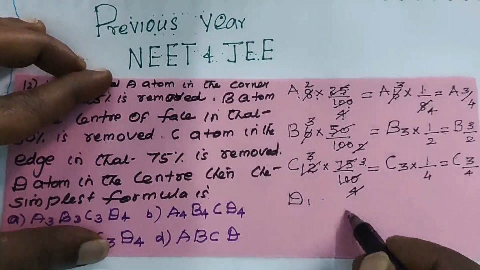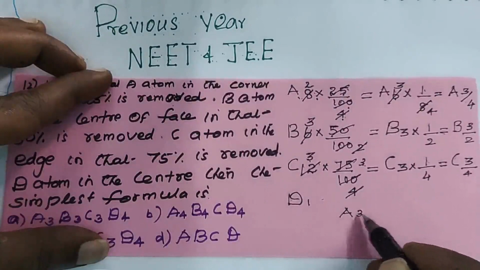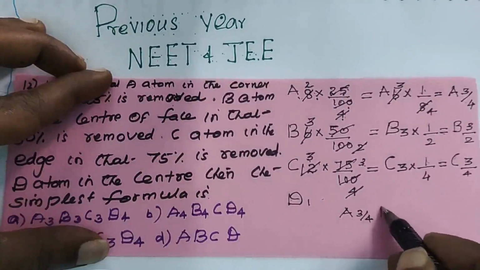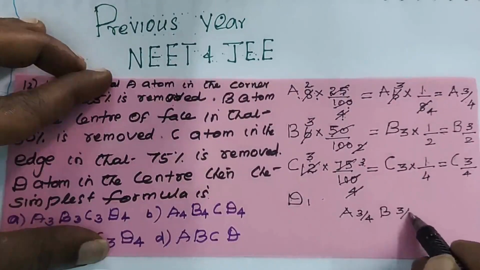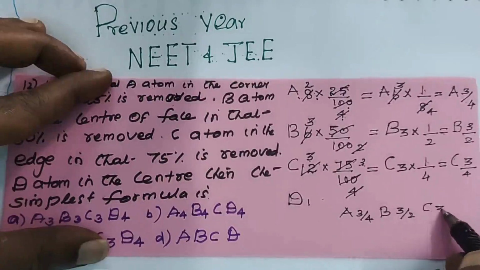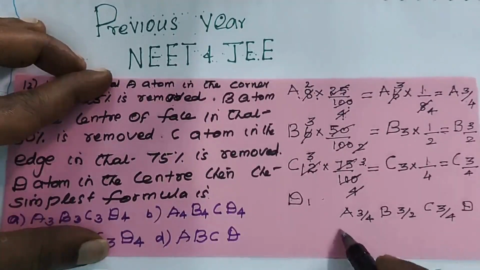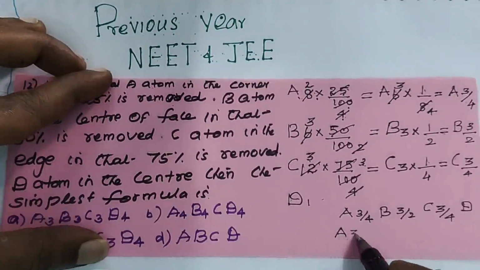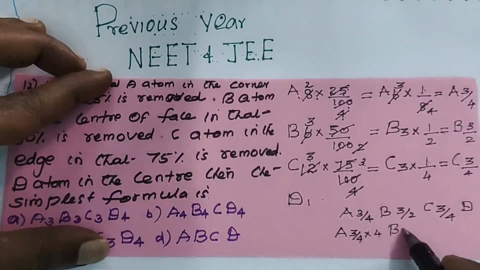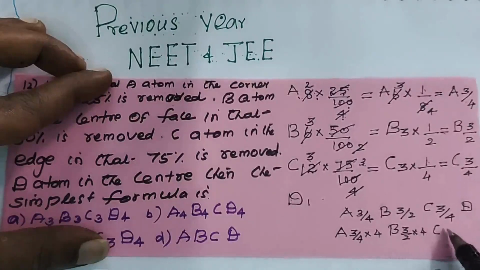Now the formula is A 3 by 4, B 3 by 2, C 3 by 4, D 1. Then LCM 4, so multiply by 4.